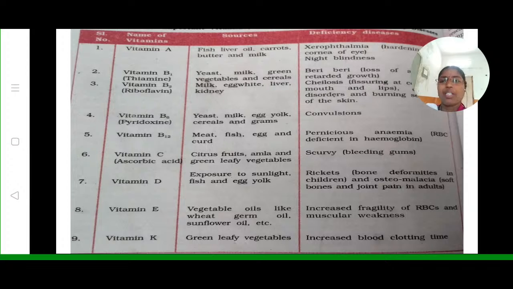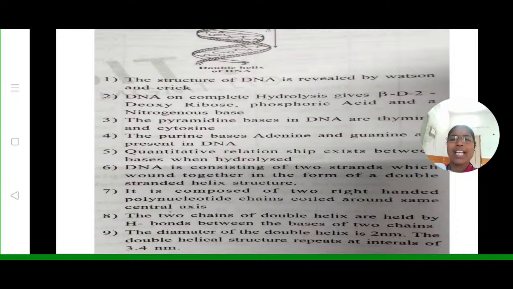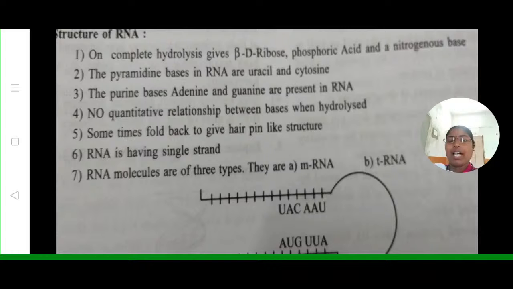Okay. Next, RNA. Pyrimidine bases are uracil and cytosine. The purine bases adenine and guanine are present in RNA.